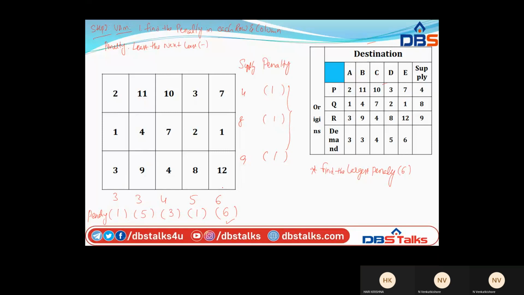6 అనేది ఎక్కడ ఉందమ్మా? ఈ కాలంలో మనం. కాబట్టి choose that particular column and place it in the least value in the table.